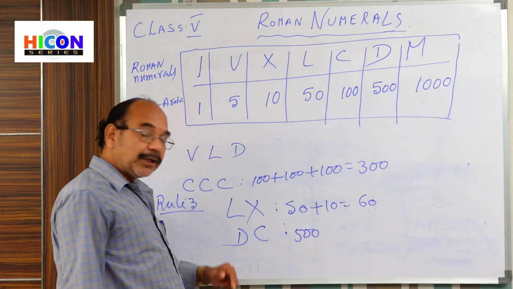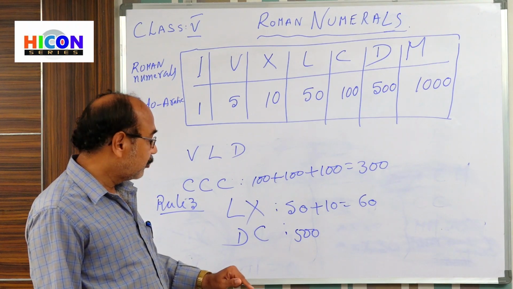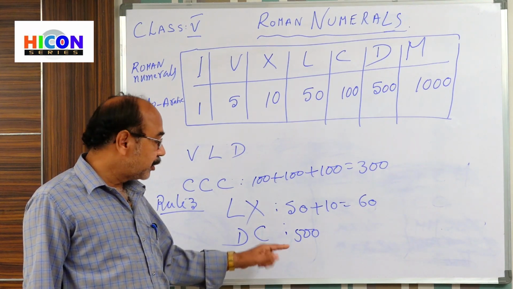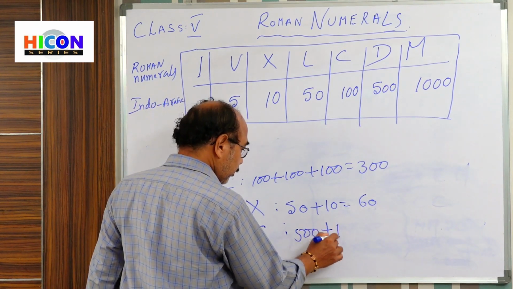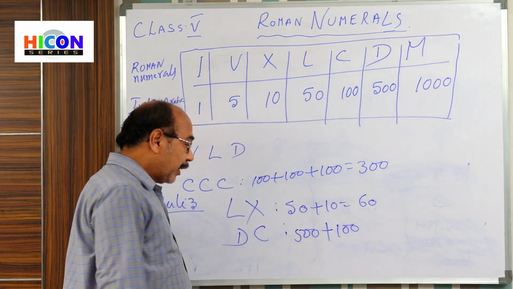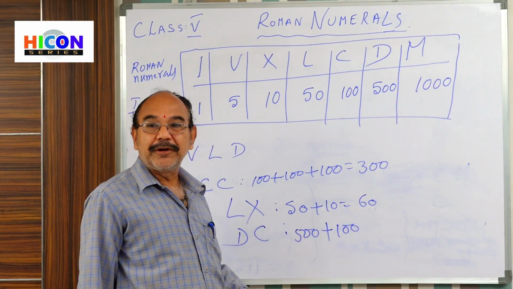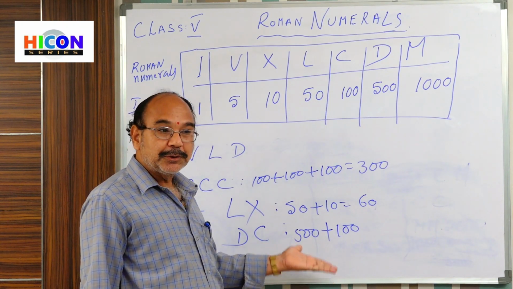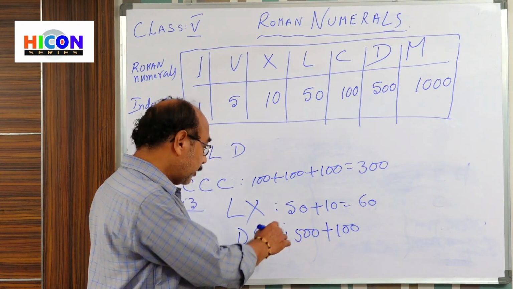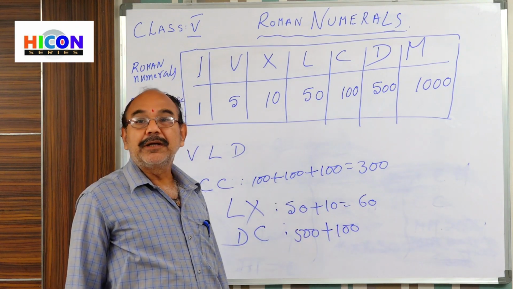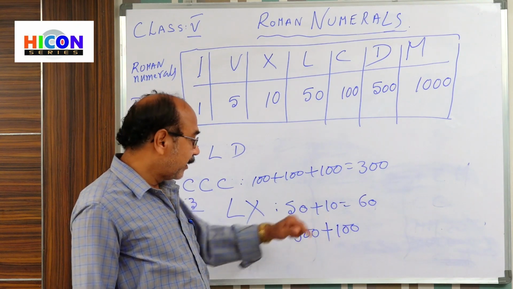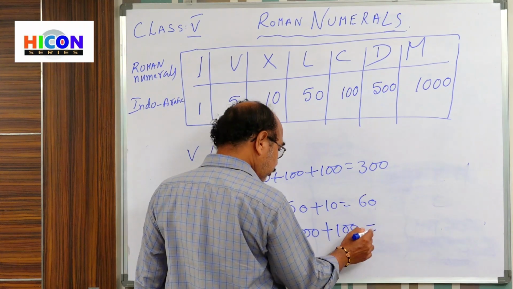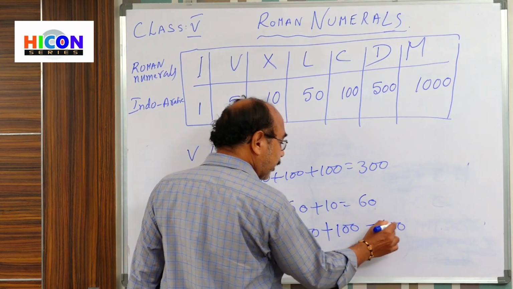What do we do here, addition or subtraction? Addition. Why are we doing addition here? C is for 100. 100 is added to 500. Why was it added? Because the smaller number is placed to the right side of the bigger symbol. That's why it is added. 500 plus 100 is equal to 600.